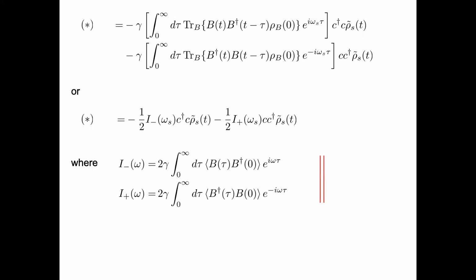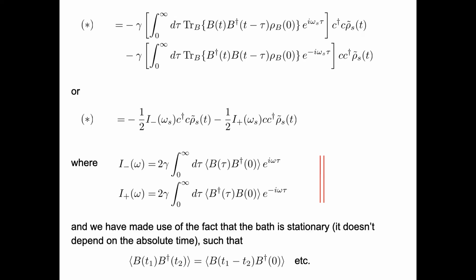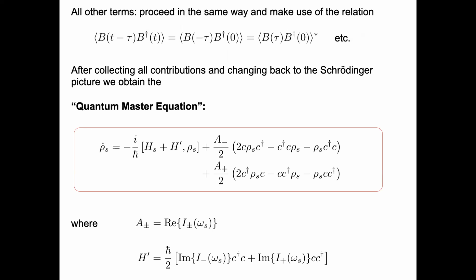It can be much more complicated than the situation we just described. What you do is evaluate these correlation functions and do a Fourier transform at the system frequency. With this, evaluating this integral and taking the real part, you get a rate, and this will appear here in this master equation.